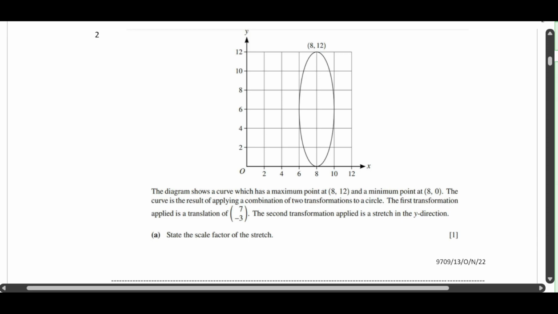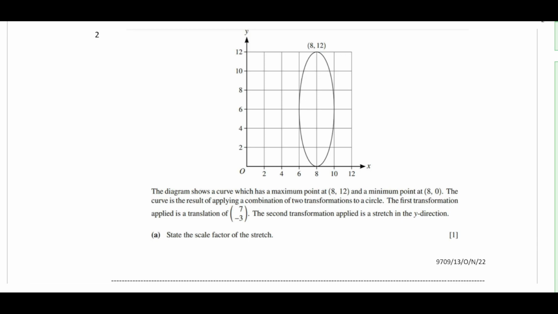The diagram shows a curve which has a maximum point at (8, 12) and a minimum point at (8, 0). The curve is the result of applying a combination of two transformations to the circle.